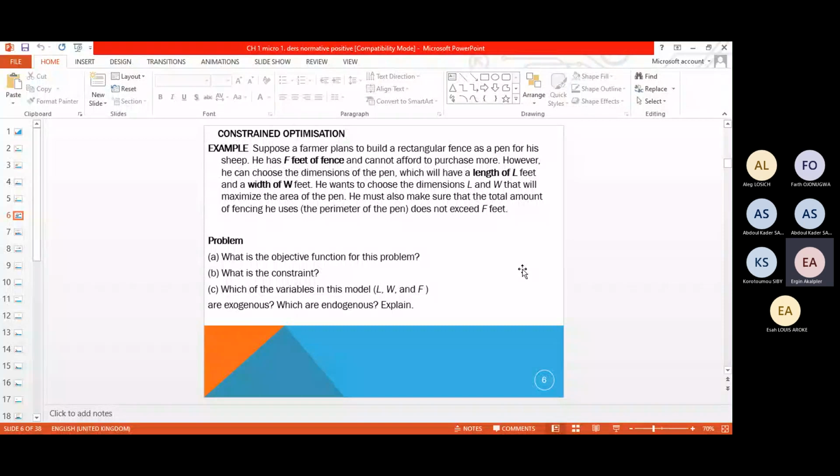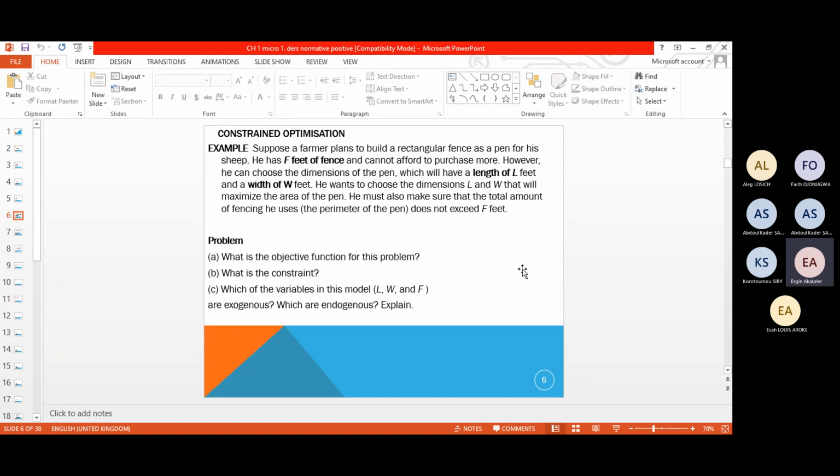Suppose a farmer plans to build a rectangular fence as a pen for his sheep. He has F feet of fence and cannot afford to purchase more. However, he can choose the dimensions of the pen, which will have a length of L feet and width of W feet.